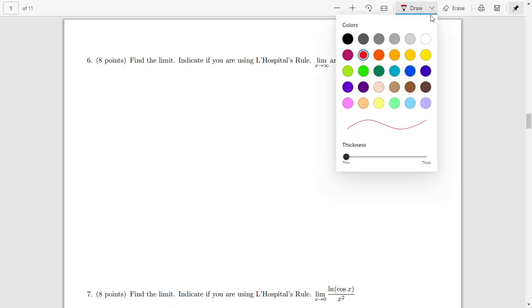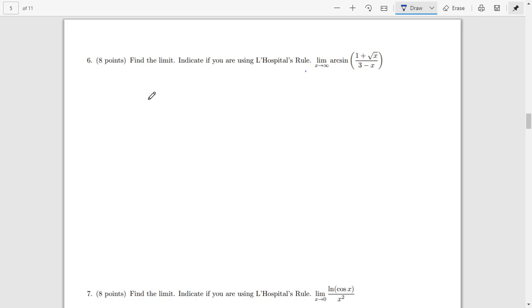So here we are asked to find the limit of a function. For me to find the limit of this function, I can let u be equal to 1 plus square root of x over 3 minus x.